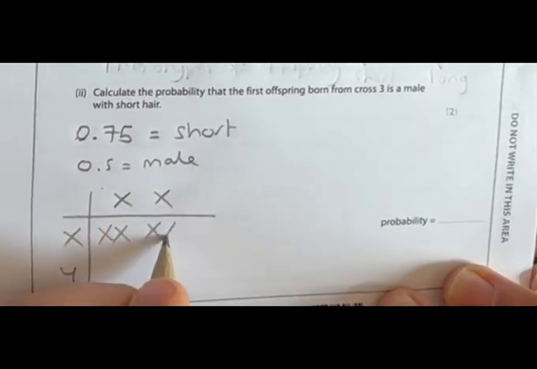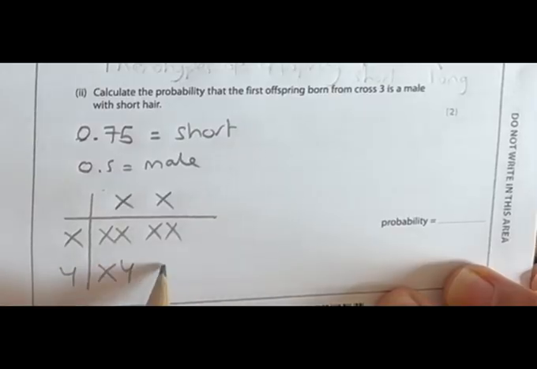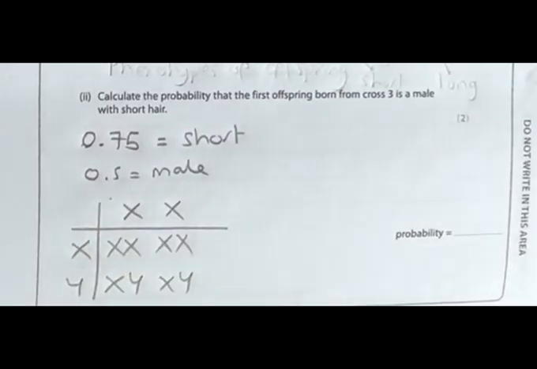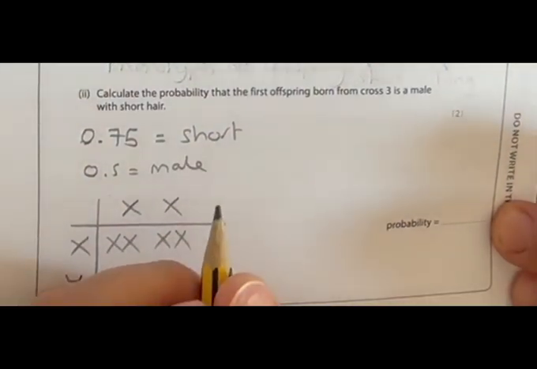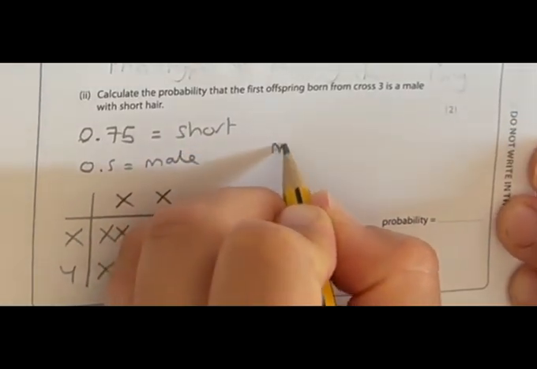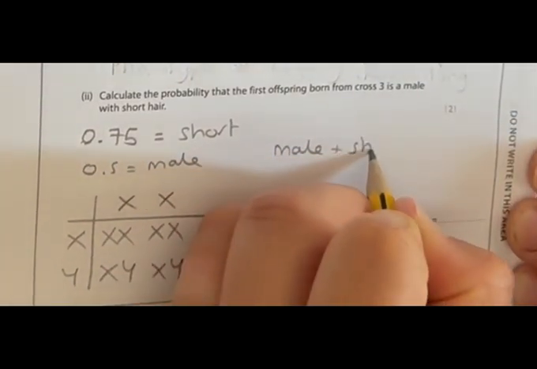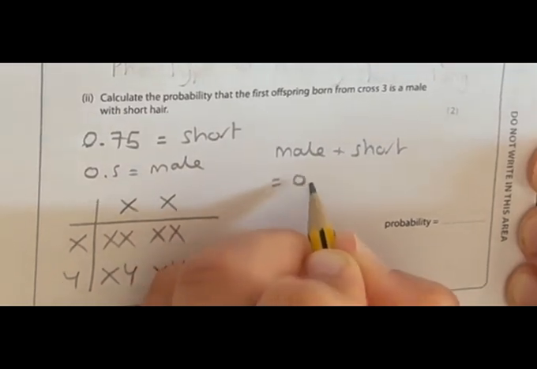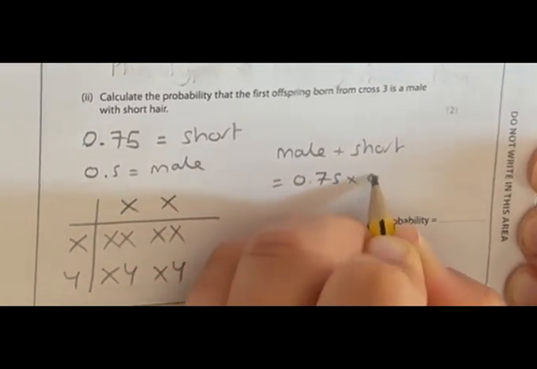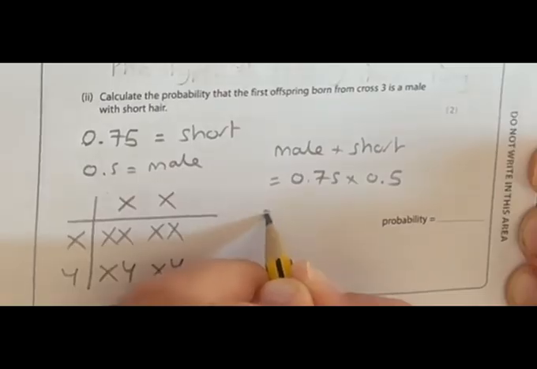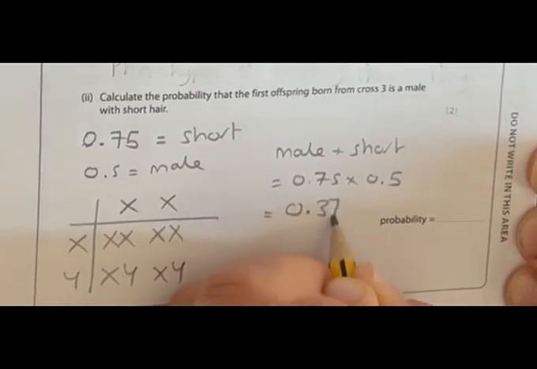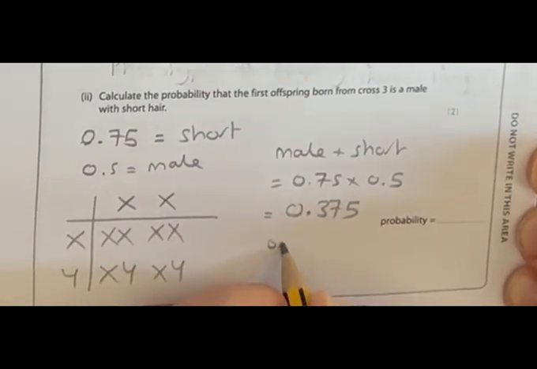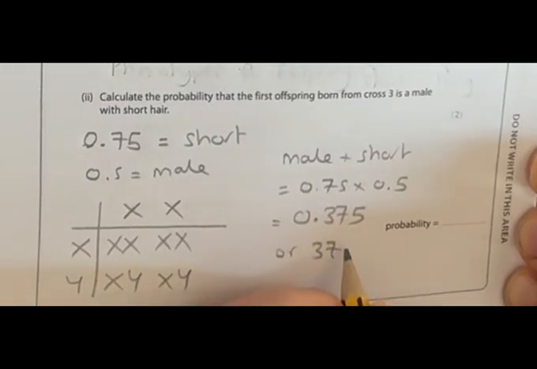So you cross a male with a female to end up with 2 offspring XX, 2 XY, 50% chance of being male. So if we want a short-haired male, we need to take that 0.75 and multiply it with the 0.5 of being male. And that's going to give us the answer 0.375, or if you want to represent it as a percentage, it's 37.5.